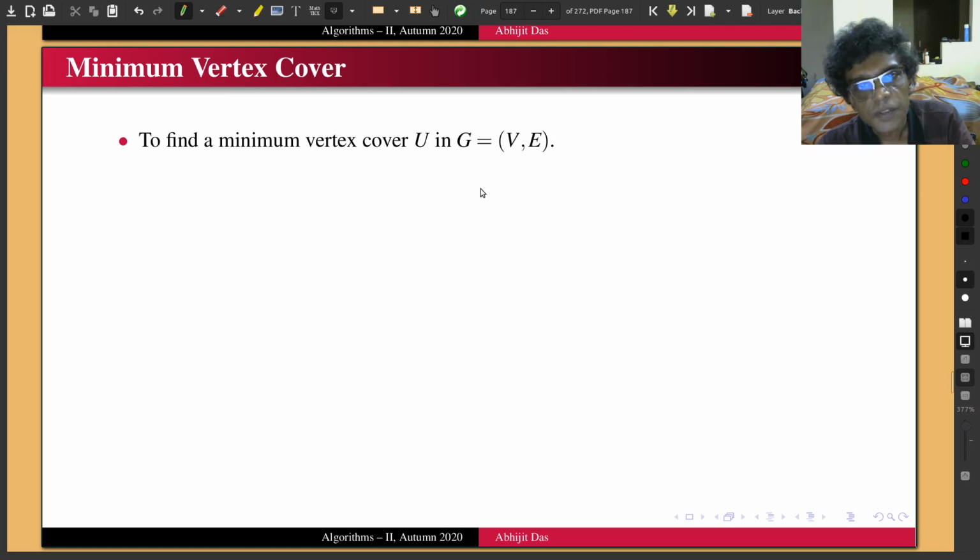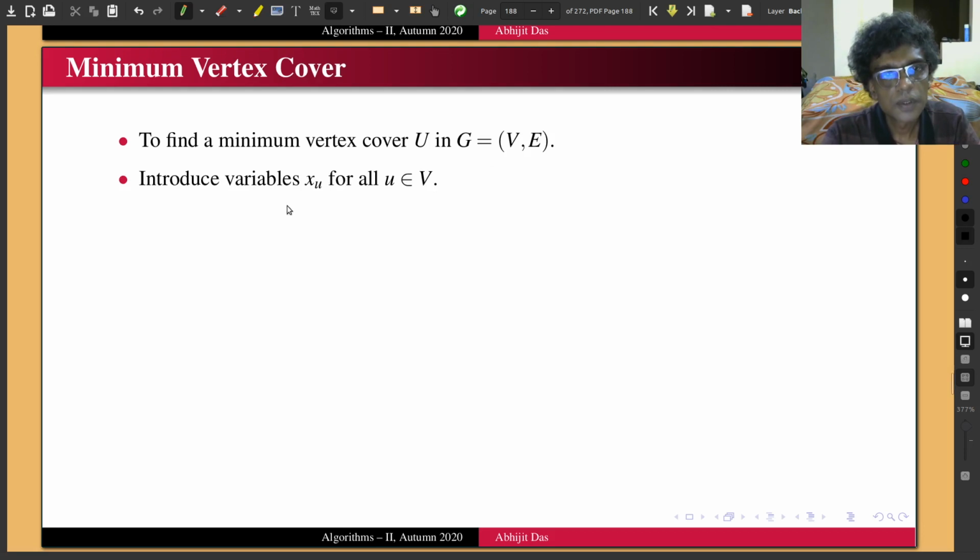Okay, so once again, suppose I want to find a minimum vertex cover U in an undirected graph G equal to (V, E). So I will introduce variables xu for each vertex u in V. Now I will interpret the value of xu in this fashion.